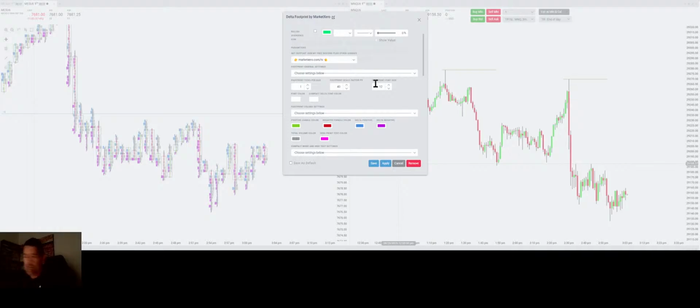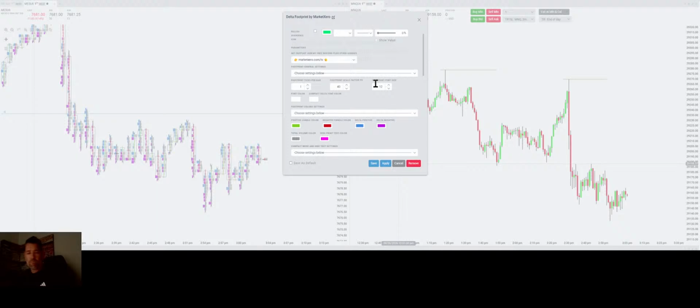About 25 minutes to go for the open. Trying to figure out, yeah. If I disable these, I will only have volume and it will only be on one side.